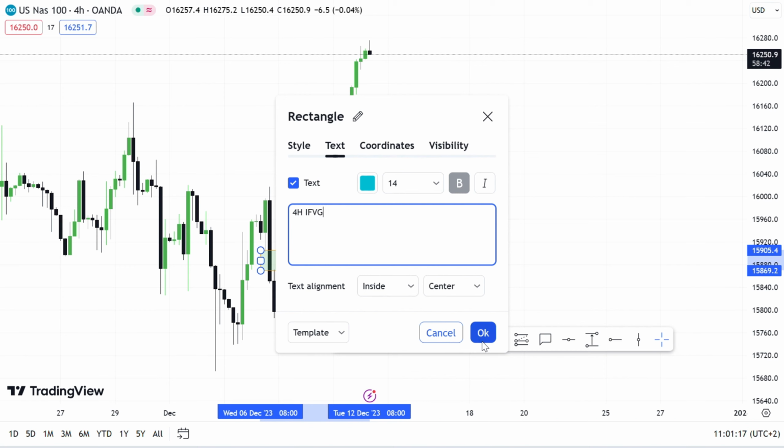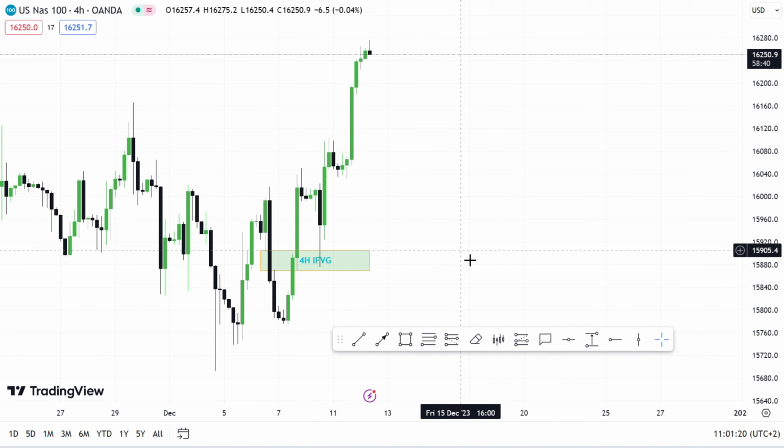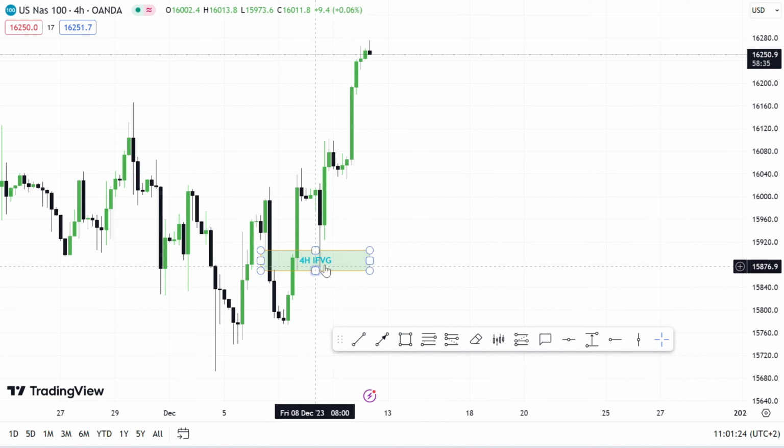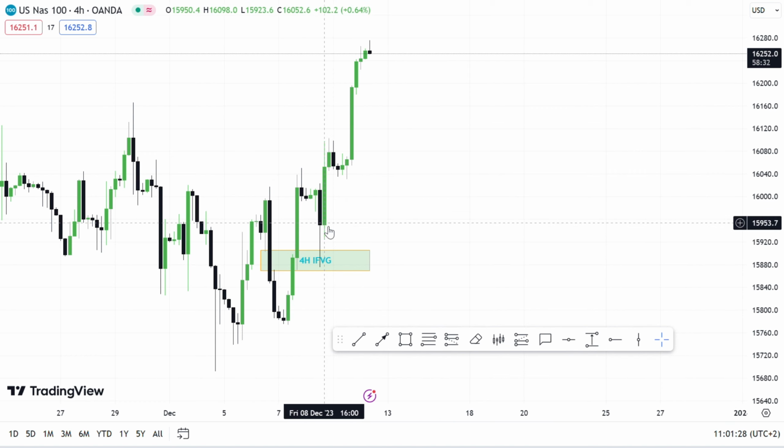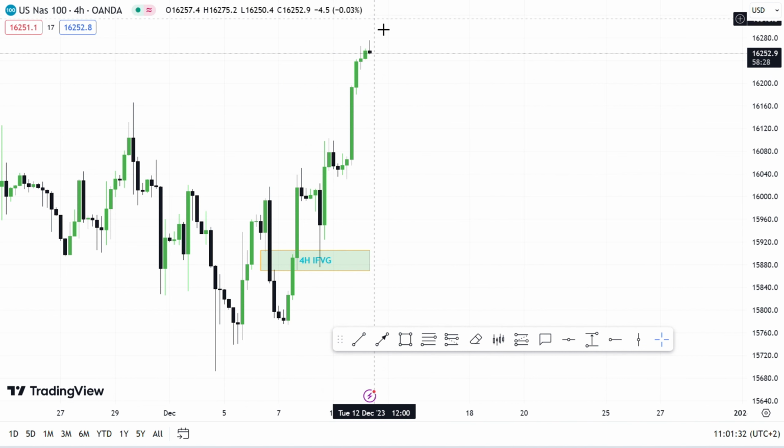Inversion fair value gaps are the inverse. So if a SIBI is violated, you use that area when it comes back to the area to buy, because this was a sell area. When it comes back to it after violating it, we buy off it, boom, we gone. And it will respect it to the T.